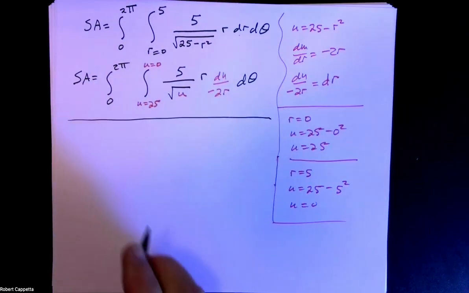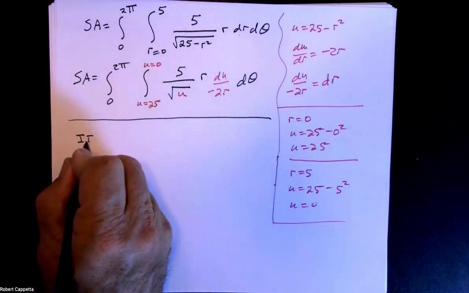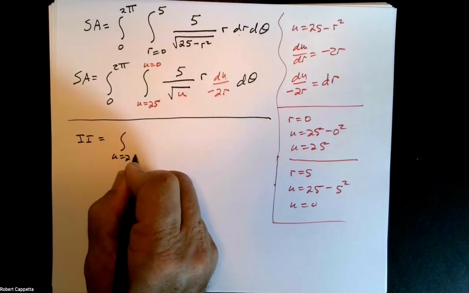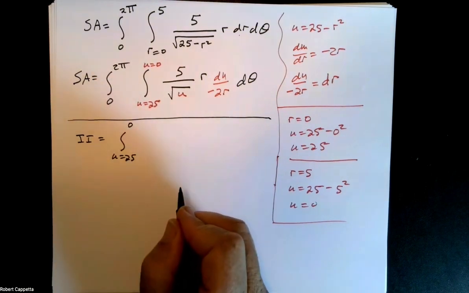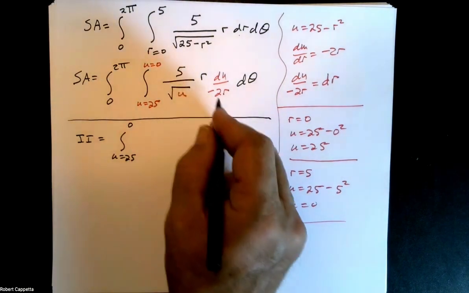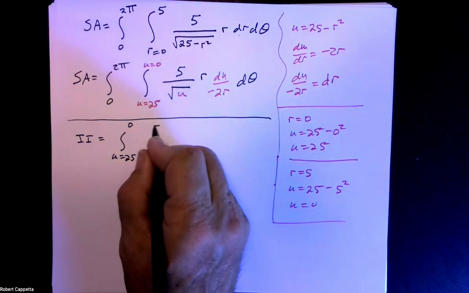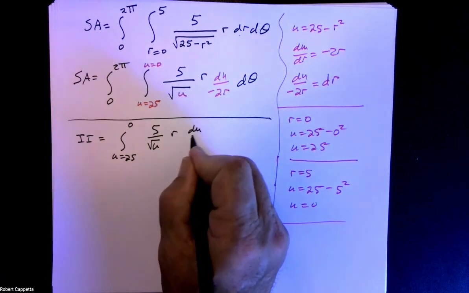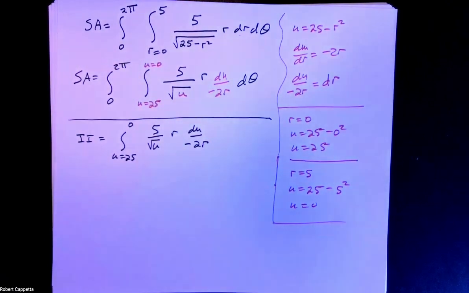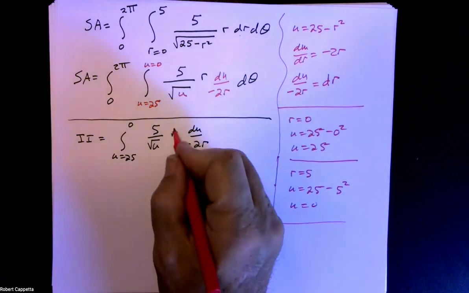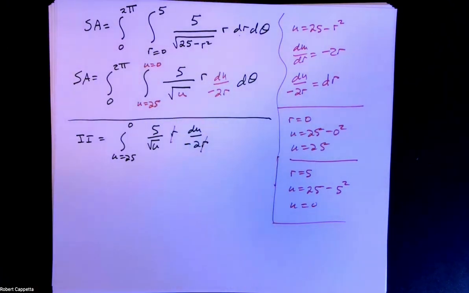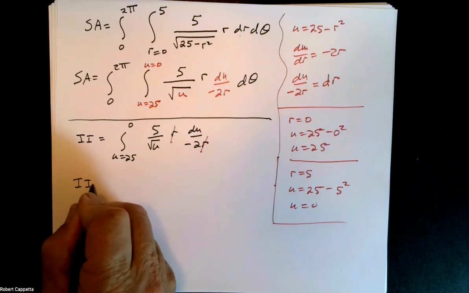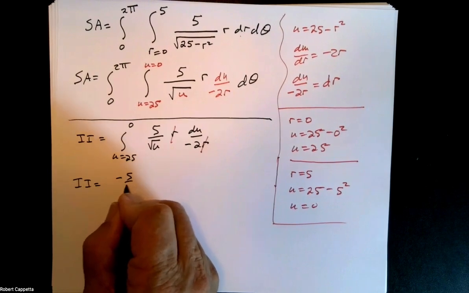So this is where we stand. And let's first do the inner integral. This integral is u goes from 25 to 0 of 5 over negative 2, 5 over root u, we'll just write it out as it is here, r du over negative 2r. So the r's go away, they divide out, which is necessary for a u substitution. We can only work with one variable. The 5 over negative 2 can come out in front. So we get negative 5 halves.